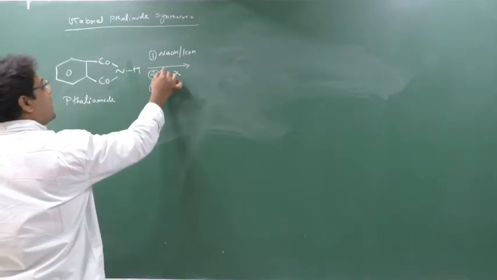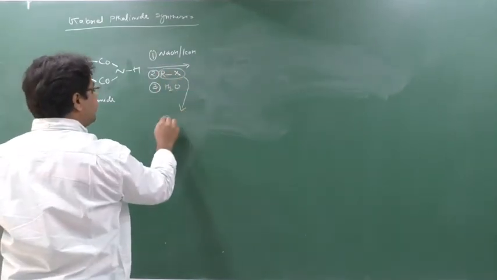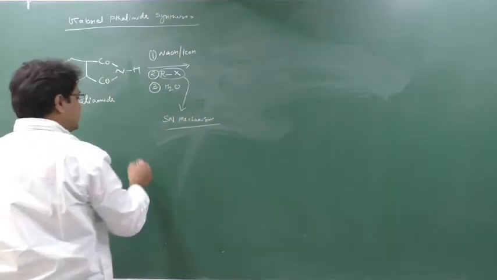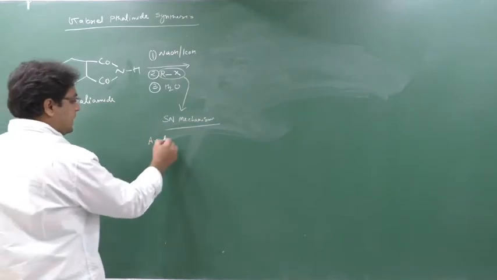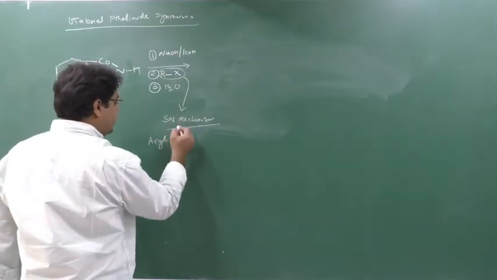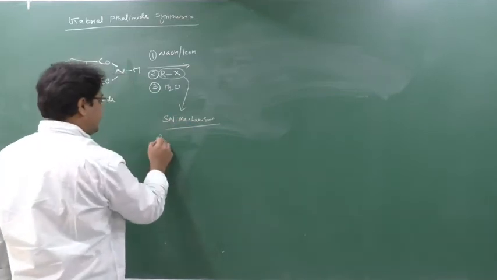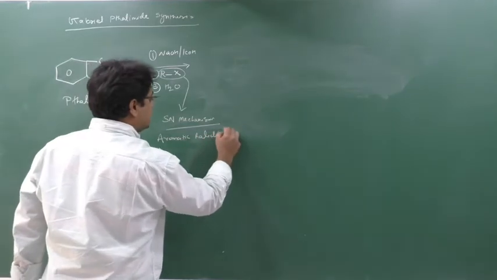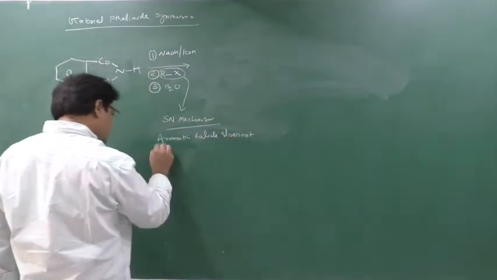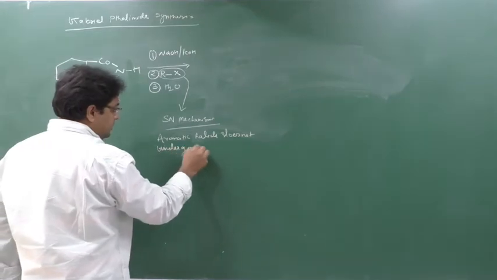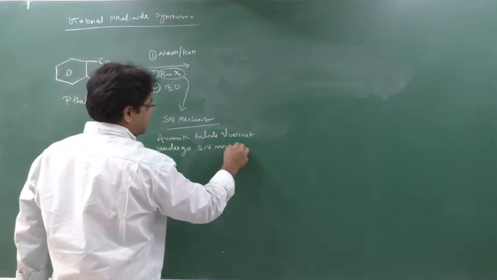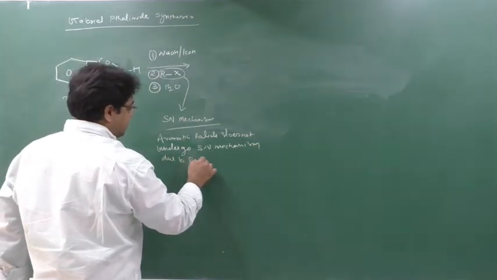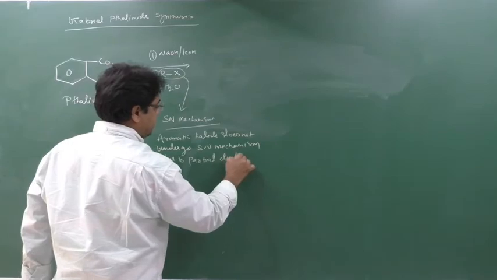Wherever RX comes, the SN mechanism will take place, and you know that aryl halide or aromatic halide does not undergo the SN mechanism due to partial double bond character.